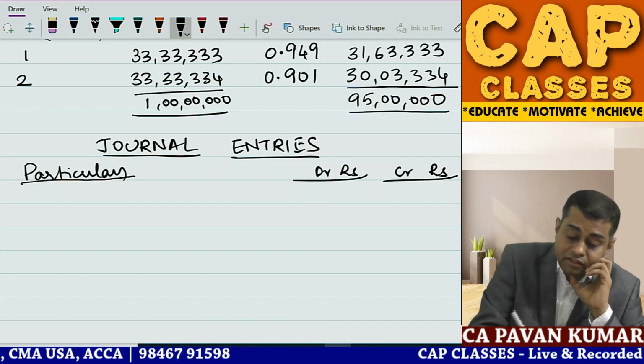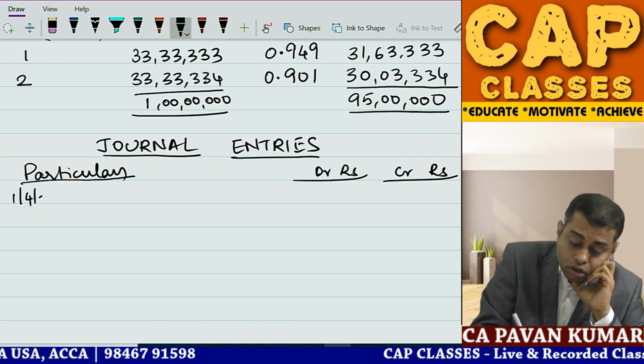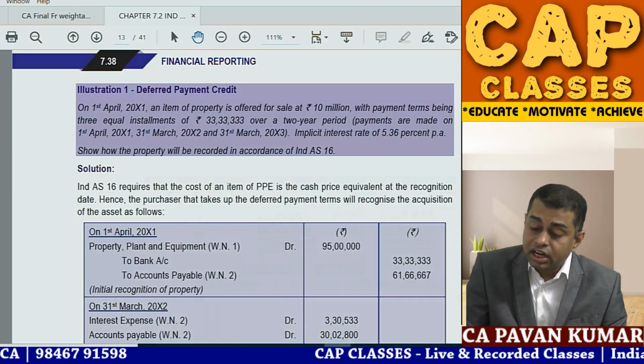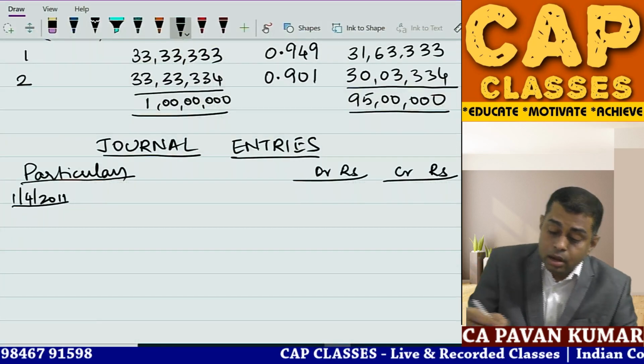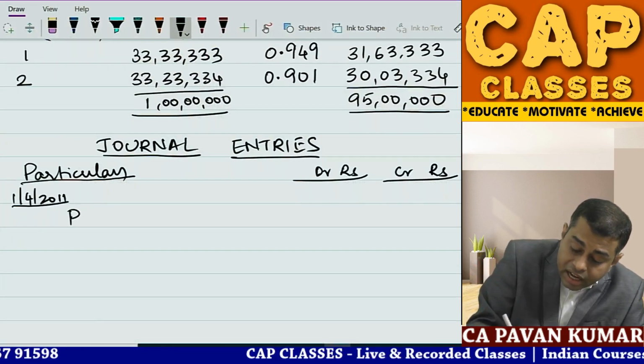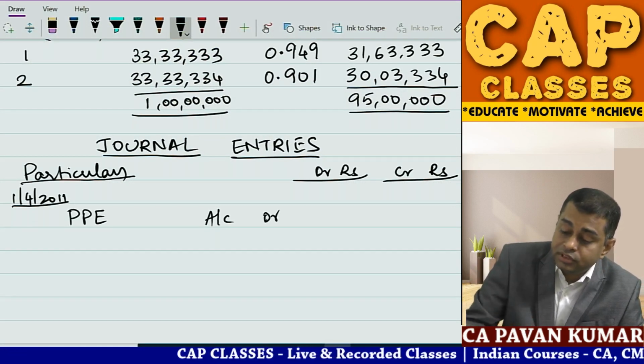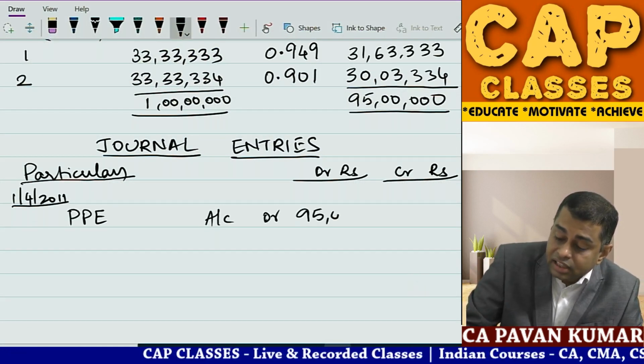Okay. Day 1, 1/4/2011. What is the journal entry? Purchase journal entry you need to write. Property, plant and equipment account debit 95 lakhs.